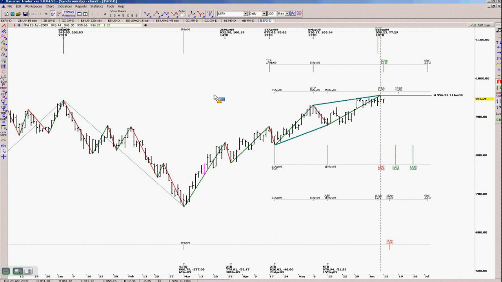And then after that, you're going to place the marker of the program on the last low or high that you want to project forward from.